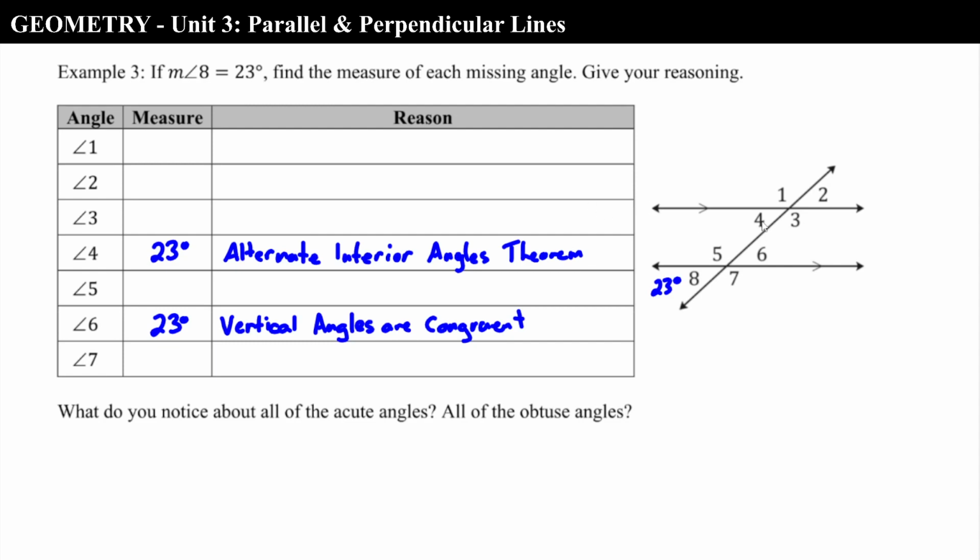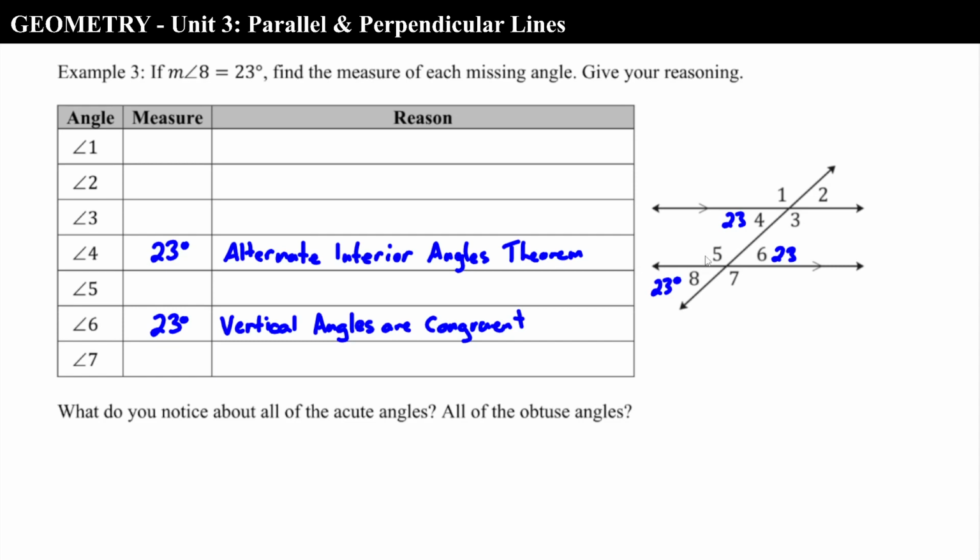Now let's take a look at angle 5. Well, we know that angle 4 is 23 degrees. We know that angle 6 is 23 degrees. So we know angle 4 and angle 5 are consecutive interior angles. And since they're consecutive interior angles, they must add to be 180 degrees.